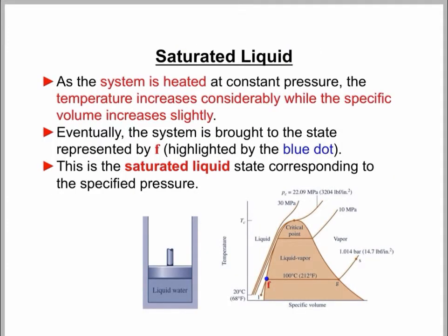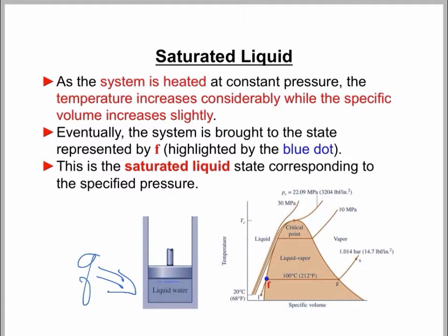All right, so what have we done? I've gone from this dot here at state 1 up to this blue dot at state 2. What we have done is add heat into the system, and adding that heat, it has expanded.